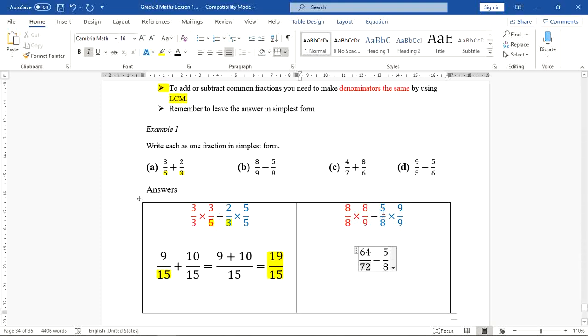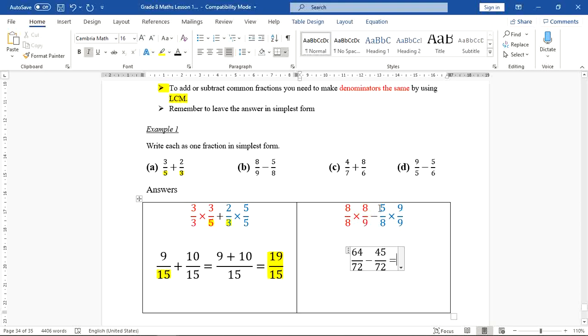And if I multiply 5 by 9, I'll get 45. Is it 45? Yes, 45. And then if I multiply 8 by 9, I'll get also 72. Now, my friends, as you can see, the denominators are the same now. What we need to do is just concentrate on the numerators. So we are just going to subtract the numerators.